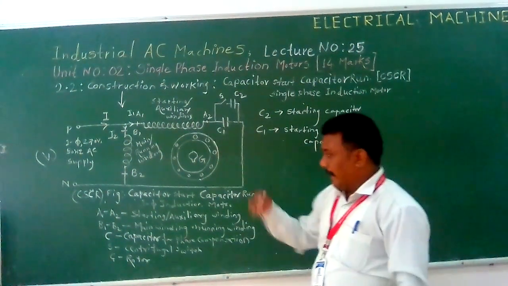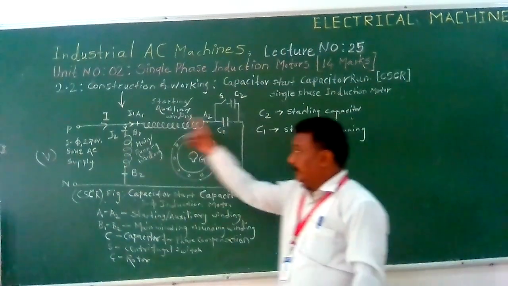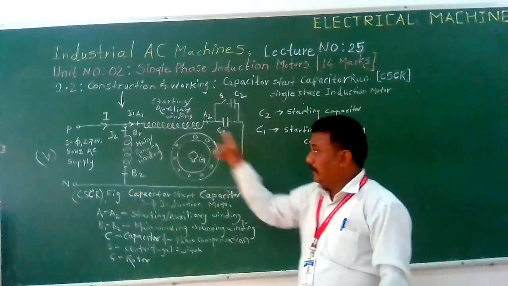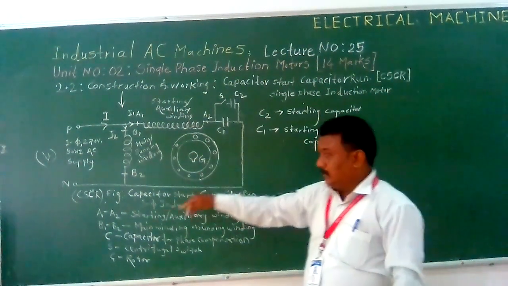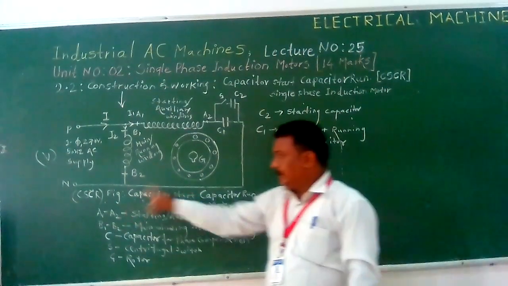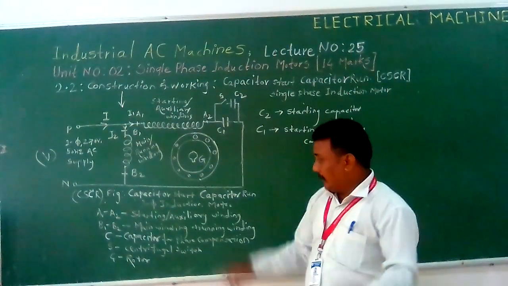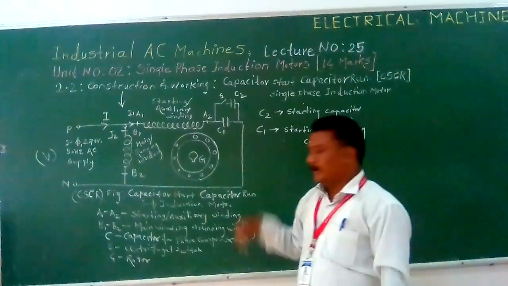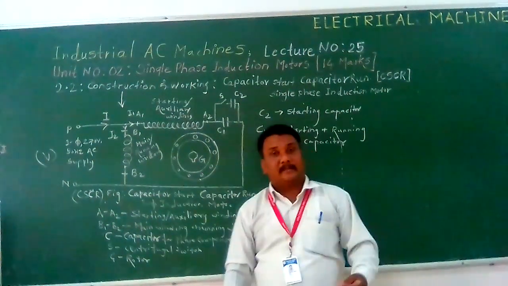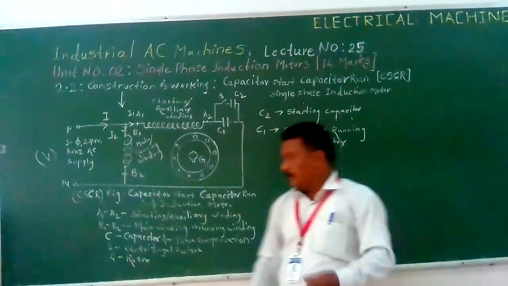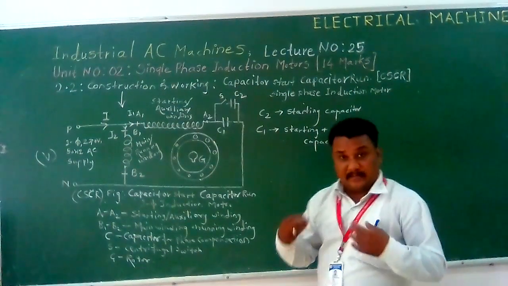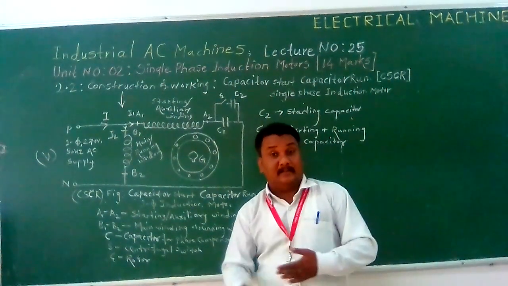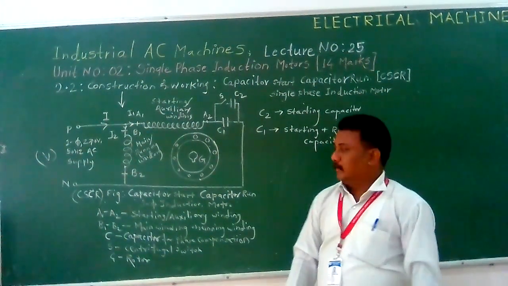First of all, draw the circuit diagram as given and give it the name figure: capacitor start, capacitor run, that is, CSCR single phase induction motor. It is a type of single phase induction motor. Some terminologies are written below the circuit diagram.